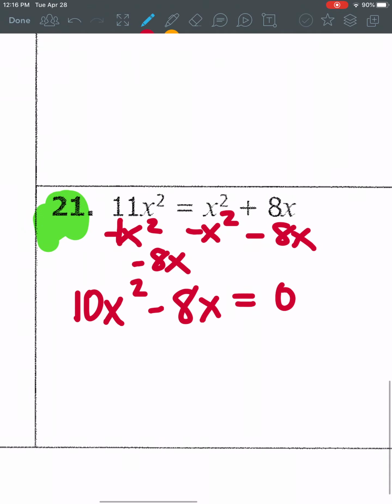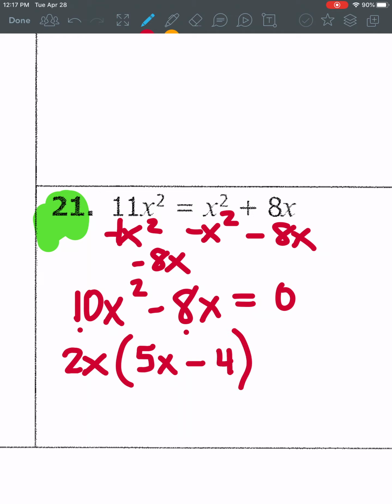Okay? Now, again, when there's only two terms, it's either GCF or difference of squares. We have a GCF of 2x, so I'm going to pull out 2x, divide the 10x squared by 2x, we get 5x, and then minus 4, that equals 0.